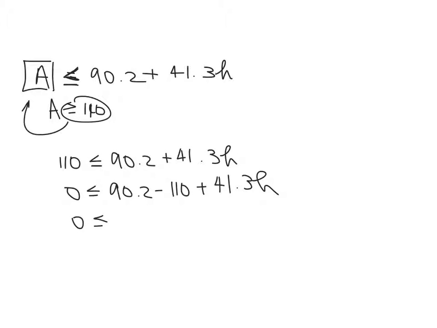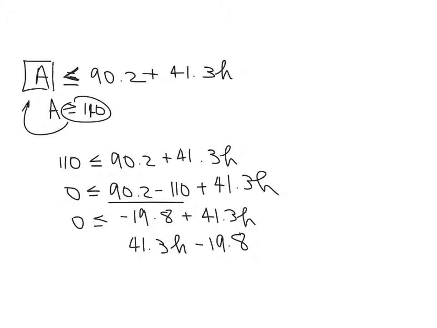That gives me negative 19.8 + 41.3H. And you could switch those around. Some people might rather do this. It doesn't really matter, it just puts the minus sign there instead.